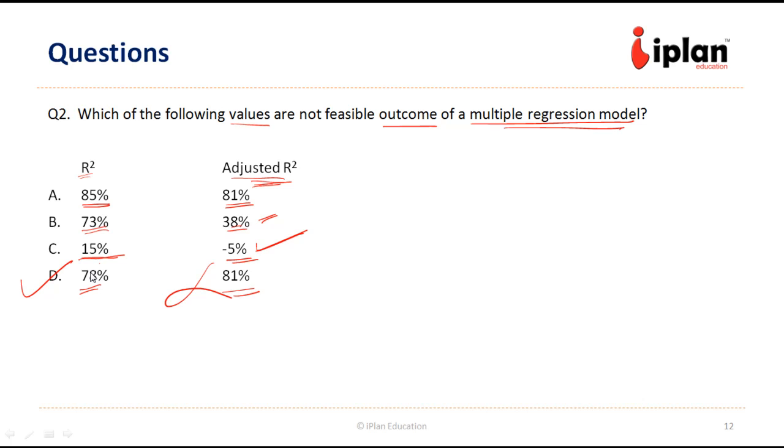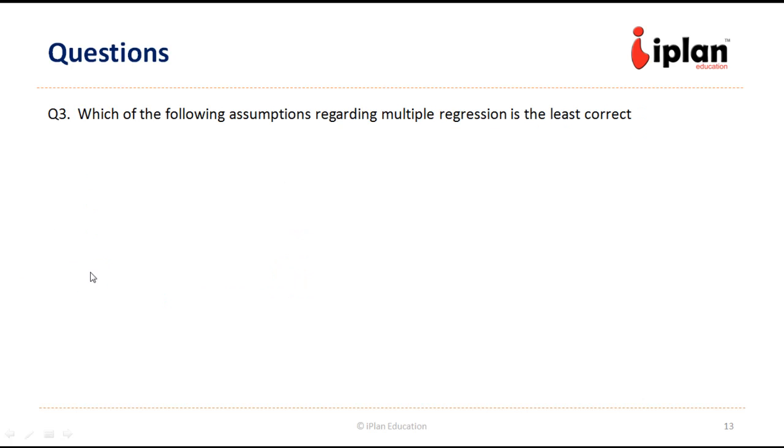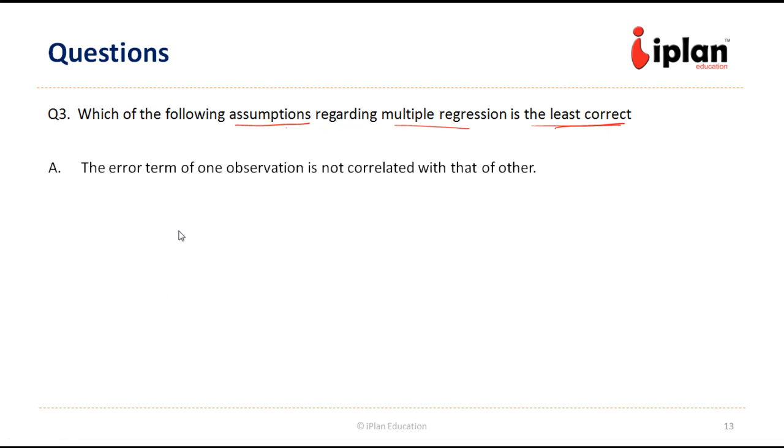Let us take one more question here. Which of the following assumptions regarding multiple regression is the least correct? Option A says the error term of one observation is not correlated with that of another. Yes, this is an assumption in multiple regression. This is the autocorrelation assumption. This is correct.